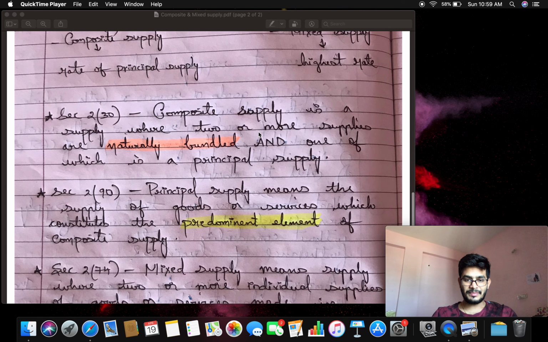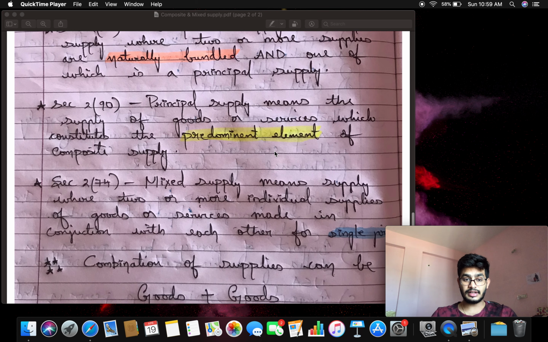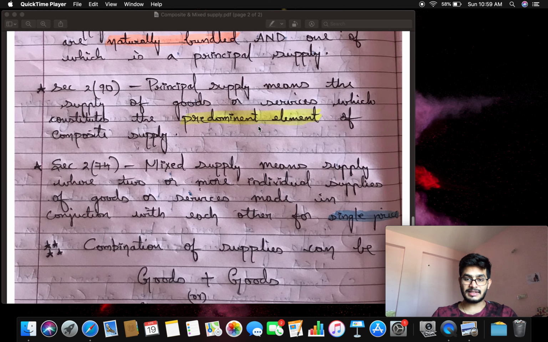So composite supply is where two or more supplies are naturally bundled and one of which is a principal supply. What is the principal one? It is the predominant element of that composite supply. In the case of TV and remote, the predominant element is the TV. For example, you are going to Australia and you enter the flight. They give some snacks as complimentary. It is naturally bundled.